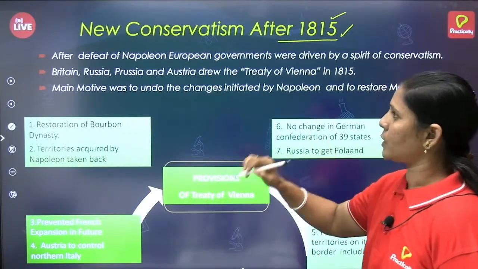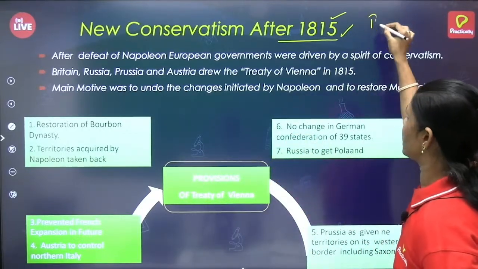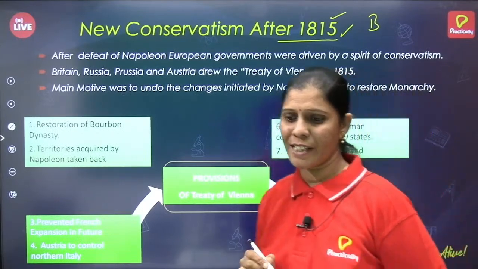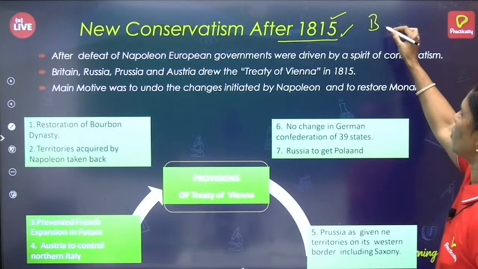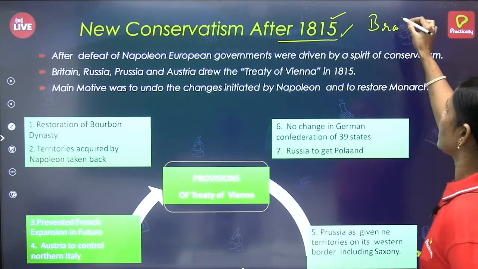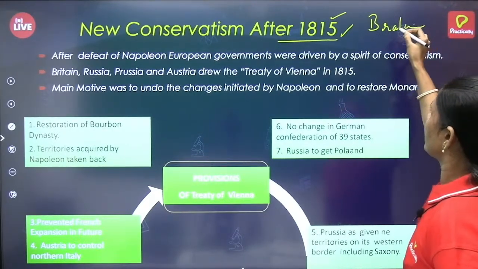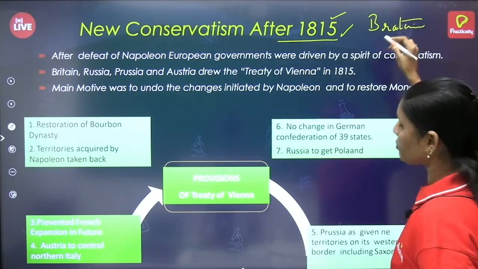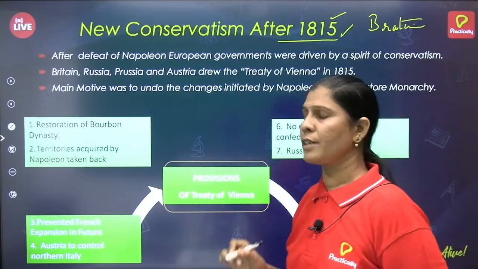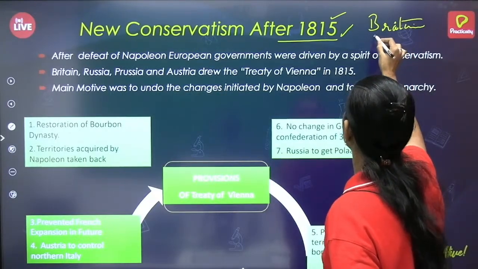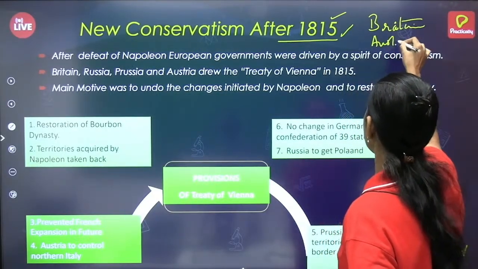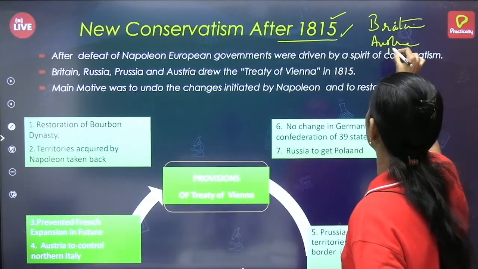What are the countries, children? Can you text those countries' names? What are the countries we just discussed, which formed an alliance and defeated Napoleon? Yes, Britain, Austria, and Prussia.